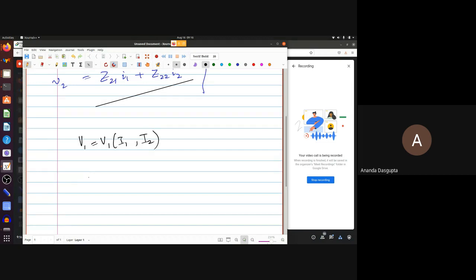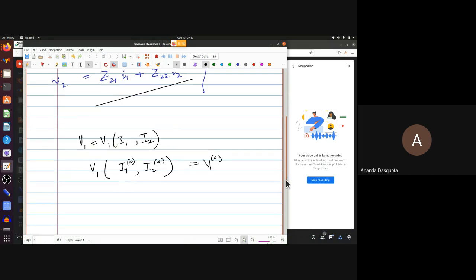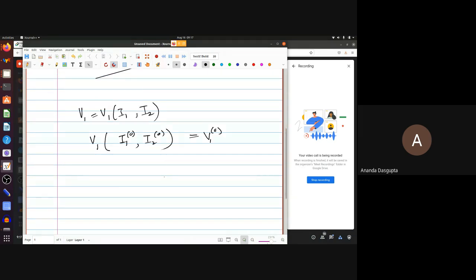Then you said, okay, there are some currents and voltages which are there in the circuit anyway. So without a signal, let's say they are I1 0 and I2 0. And this will give rise to a value of V1, which is the so-called no signal or quiescent point value. You could also write that as V1Q, I guess, for quiescent point.